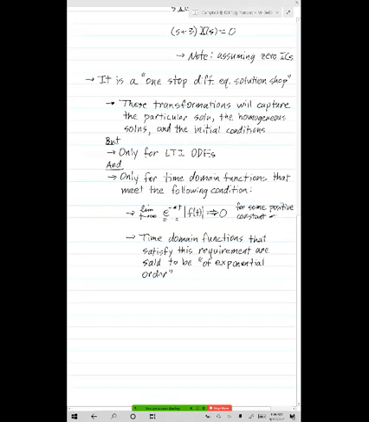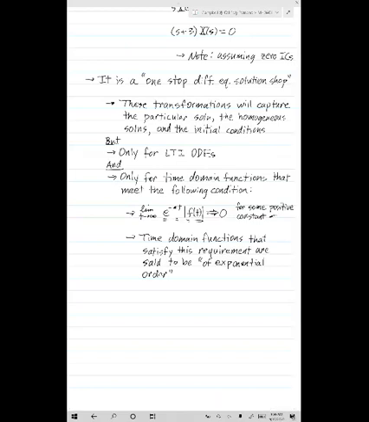So this exponential function goes to zero fast enough that this time domain function, regardless of what it's doing, whether it's going to zero itself or trying to go to infinity, like a line might, is overwhelmed.